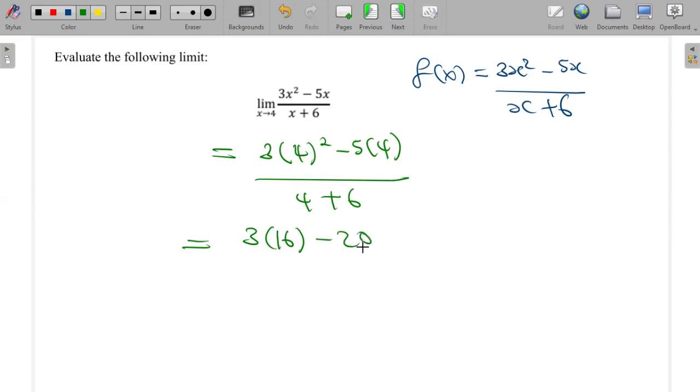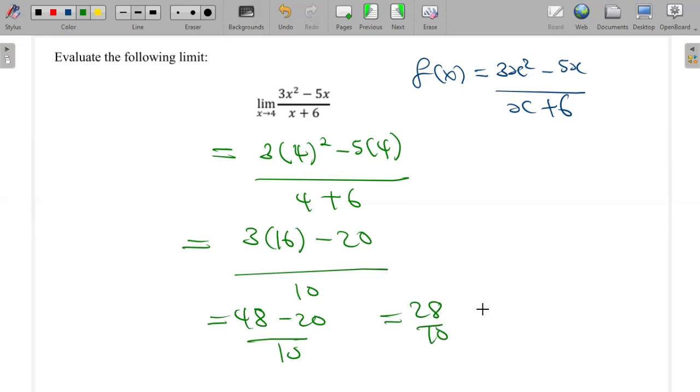I multiply my 16 by 3, and I get 48. Down there, I got 10. So that will be 48 minus 20, over 10, which gives me 28 over 10. And this is just 2.8.